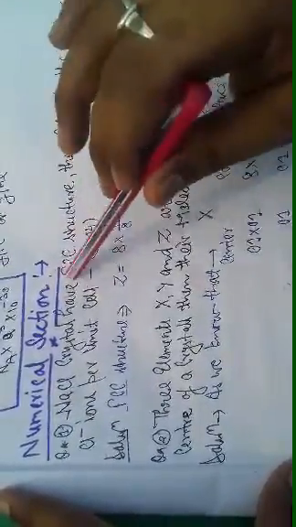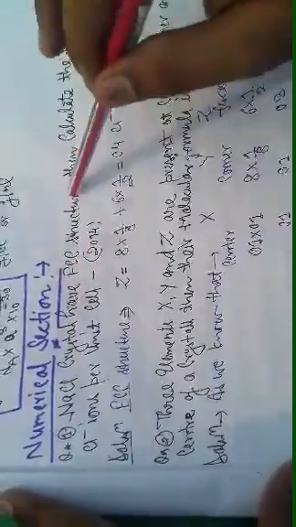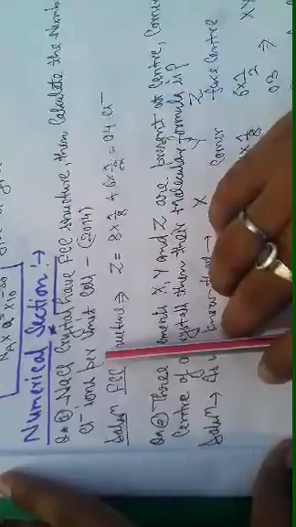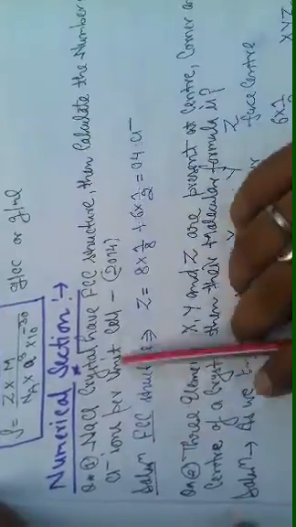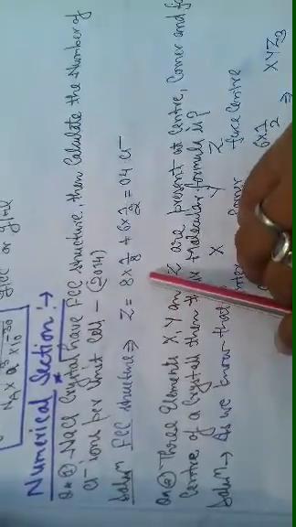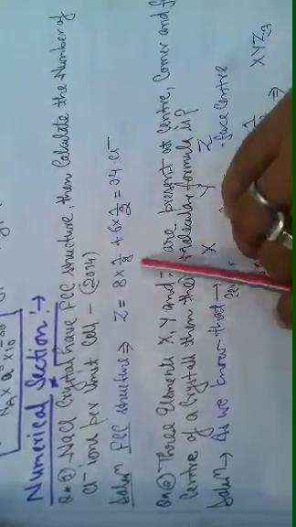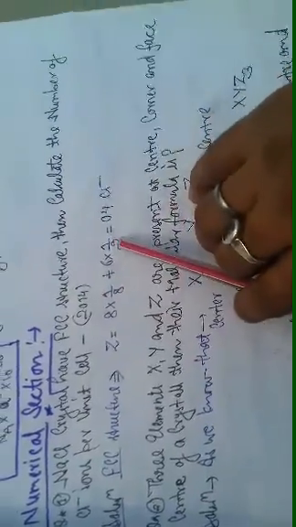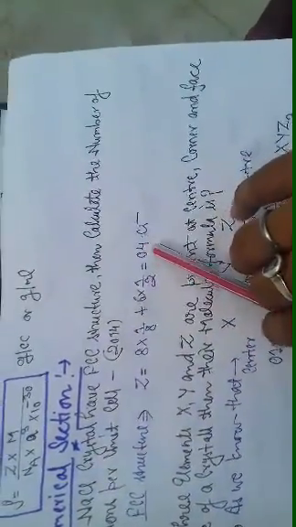We have to focus on this point. This is FCC, so for chloride ions per unit cell in the FCC structure, 8 atoms are at the corners and 6 are at the face centers. Solving, 8 times 1 by 8 plus 6 times half gives 4, so there are four chloride ions per unit cell.